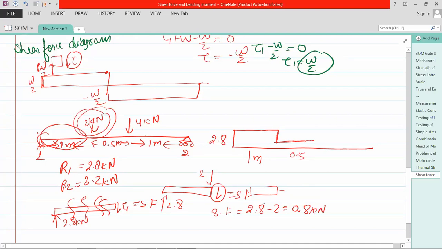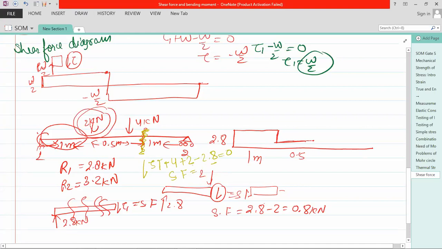Take this element here, let me change the pen. Take this element here, you can see this. What is the shear force? Suppose this is a backward direction SF. Now SF plus 4 plus 2 minus 2.8 is equal to 0.